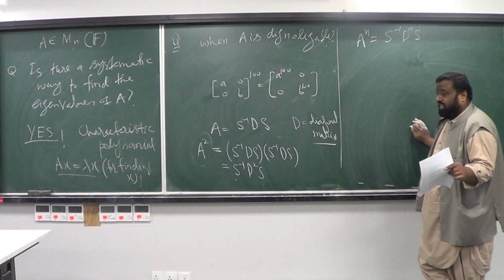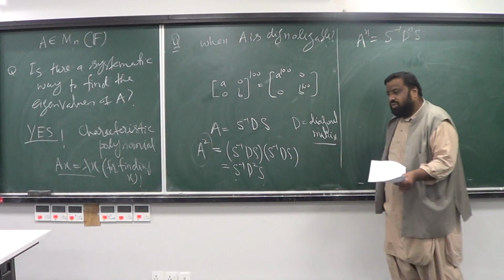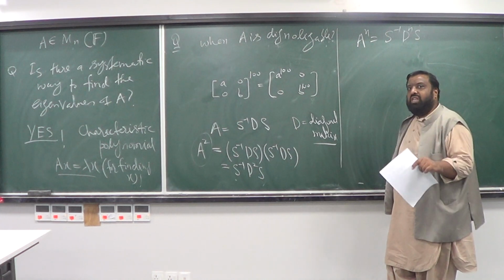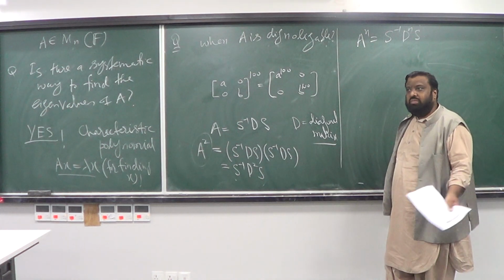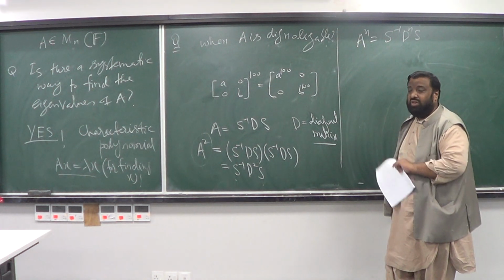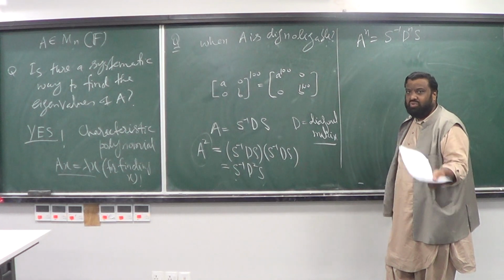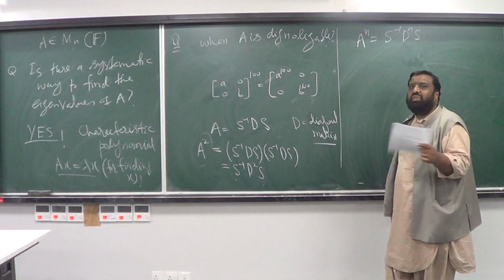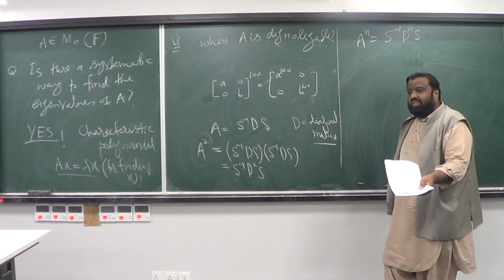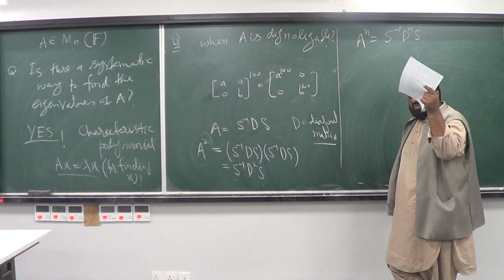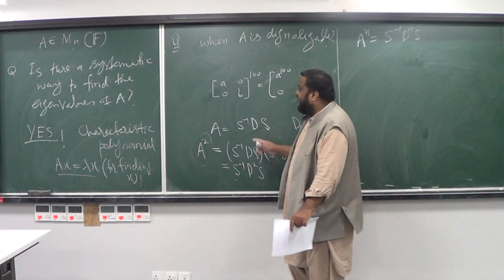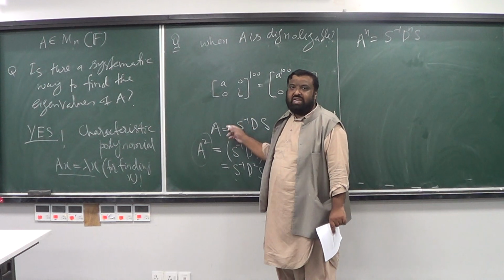You're going to see this when we talk about the Google PageRank algorithm. Previously Google was using this algorithm to do the Google search. If you were searching something on Google some years back, you were using the Google PageRank algorithm. When the algorithm makes a search, it is actually computing the higher powers of a given matrix.